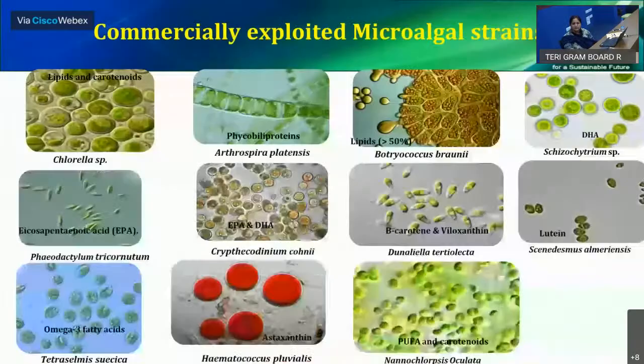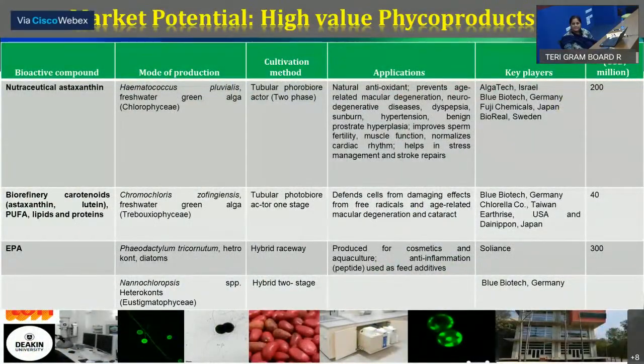Now coming to the market potential of these nutraceuticals and metabolites. They have a very huge market, around 200 million USD for astaxanthin, which has a very good application as a natural antioxidant and helps in stress management. Another very good one is eicosapentaenoic acid, which is omega-3 and is found in many species.